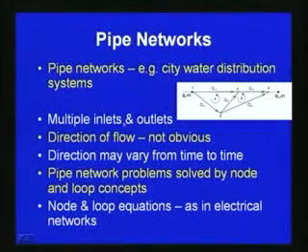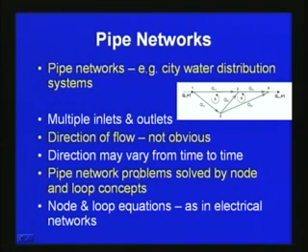As I mentioned, a pipe network can typically be a city water distribution system, where a number of pipes, connections and junctions are included. There can be multiple inlets and multiple outlets, the direction of flow is not obvious, and it may vary from time to time.